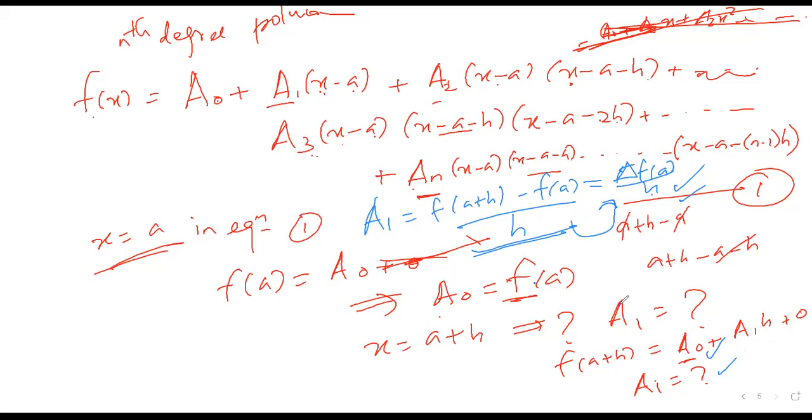I think our meeting is also going to finish. In a similar way, can you find a2, a3? Put the next value: we put x equal to a to find a naught, x equal to a plus h to find a1.